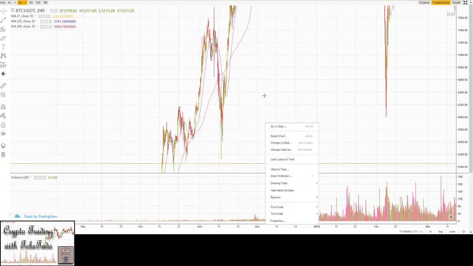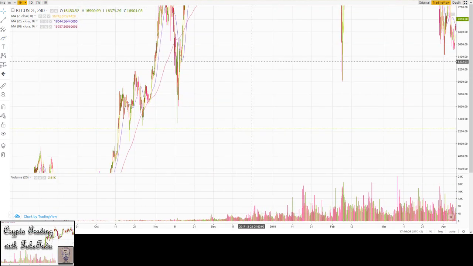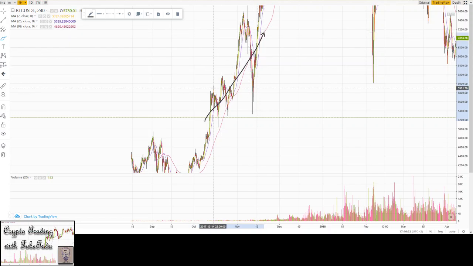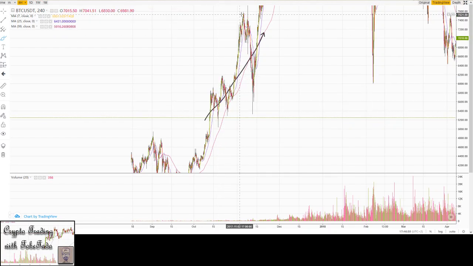So that shows you that these price movements are waves, and that the general direction here, this upward movement, is divided by these fairly strong corrections here.